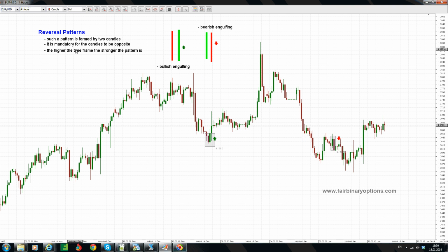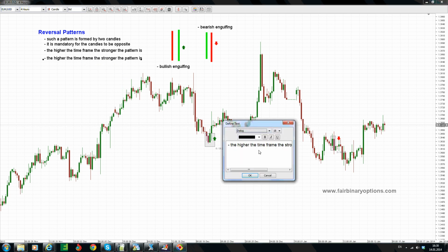So let's write here what it means, or how to interpret it. On a bullish engulfing, we buy calls on the 50% retracement level of the green candle, or when the green candle is retraced by 50%.